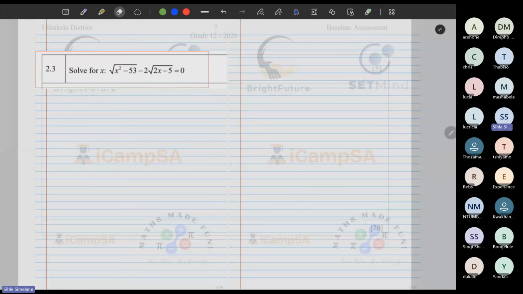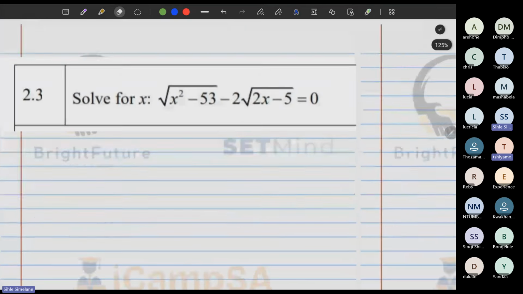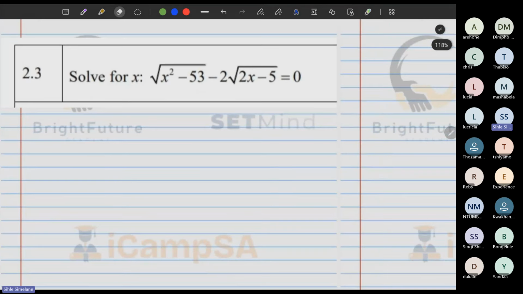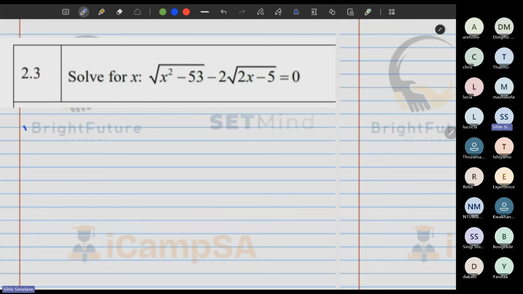Solve for x. And remember these questions, guys, without using a calculator. So whenever you have a problem like this, maybe a question should be, what should we do? That's a question for you guys. Any suggestions?